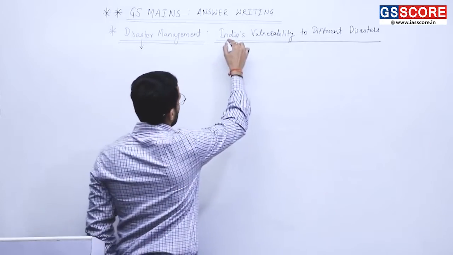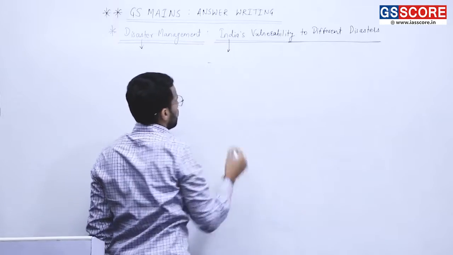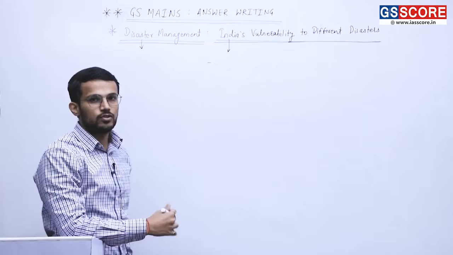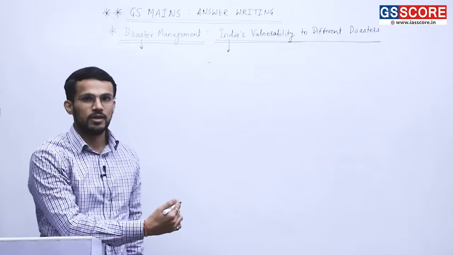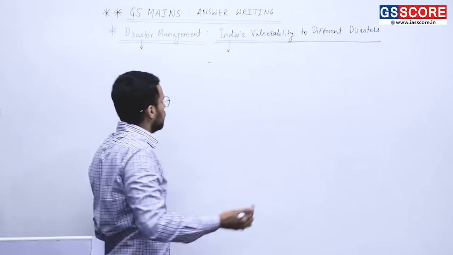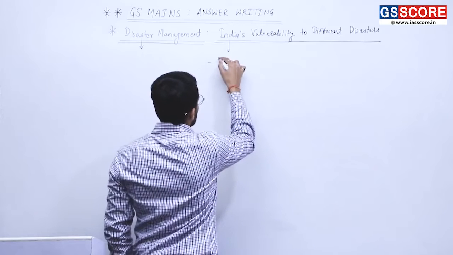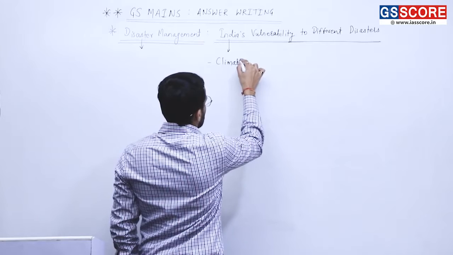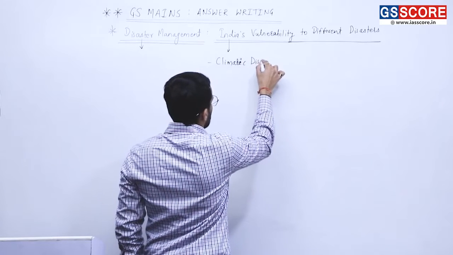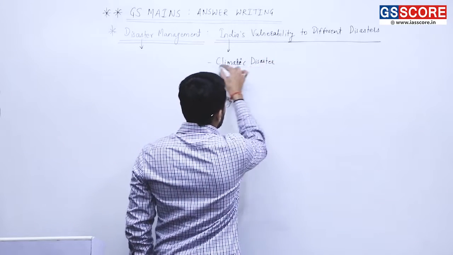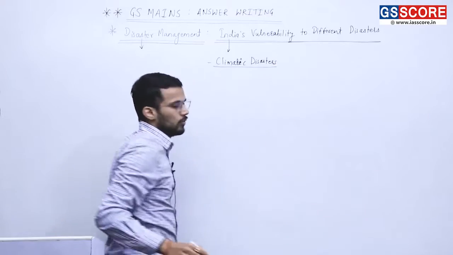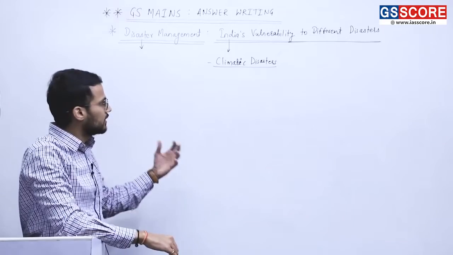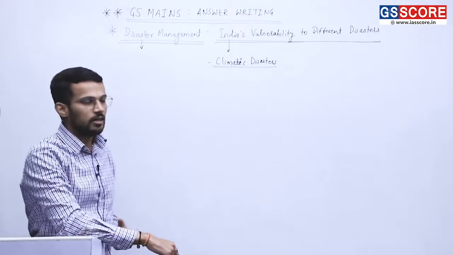Given the vast geographical extent of India, India is vulnerable to different types of disasters. More often than not, these disasters are climatic disasters, related to climate.